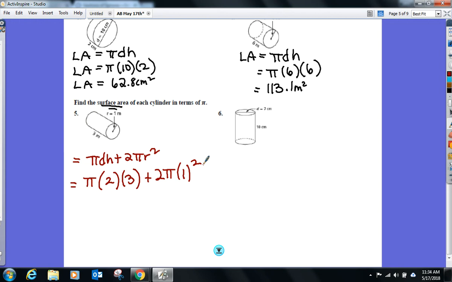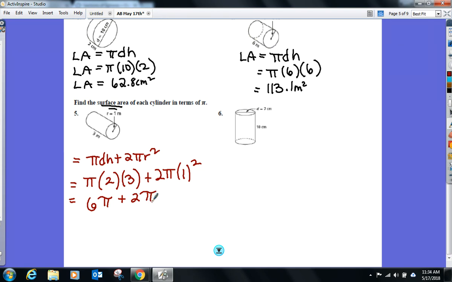Yep, be careful here. I always get nervous when you use this because on one side you use the diameter, on the other side you use the radius. 6 pi. And over here, 2 pi. Leave your answer in terms of pi. Don't touch that pi button.